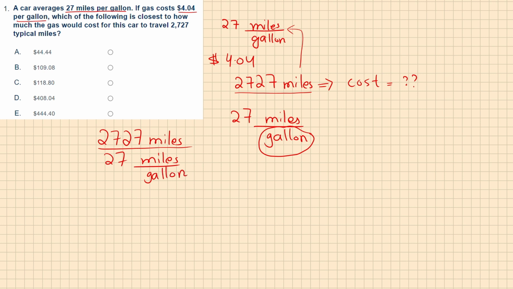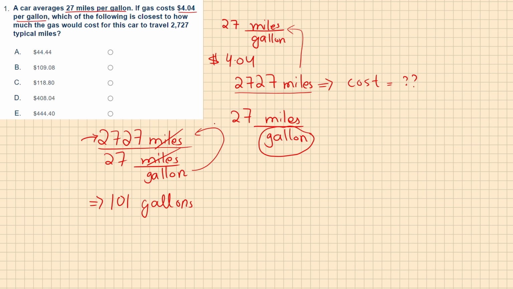We can remove miles with miles, and the gallon will come in the numerator. So you will get 101 gallons. For this many miles, you will have 101 gallons of gas.